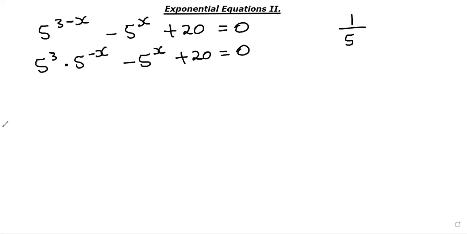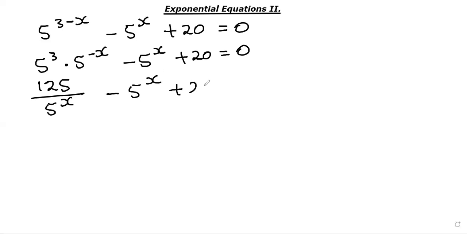So I'm avoiding many steps, but please write everything because they say show all your workings. So here you'll have 125 divided by 5 to the x, then you say minus 5 to the x plus 20. Everything is equal to 0.